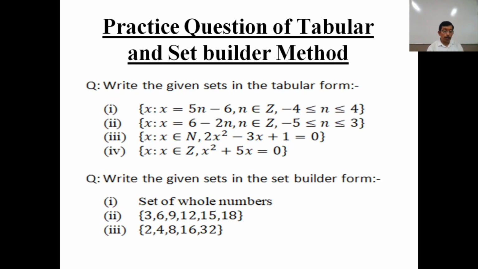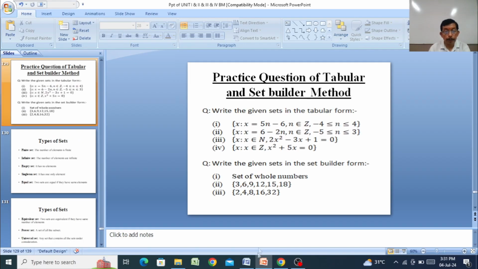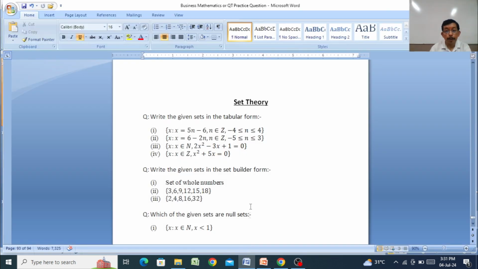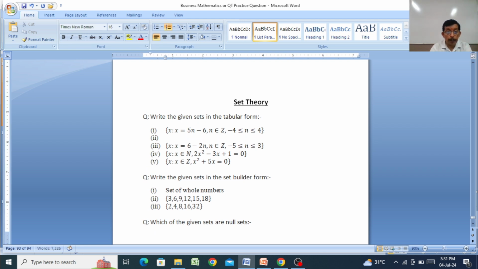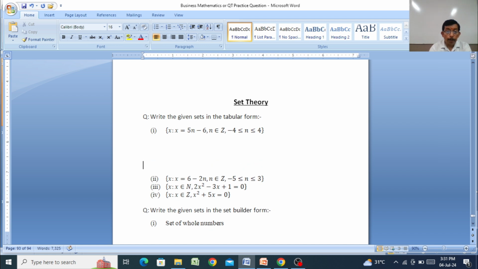Now some questions will come in the word file. The first one: write the given set in tabular form. This is given in the property method, and we rewrite it in tabular form. Tabular form means simplifying each element and rewriting them one by one in curly brackets.